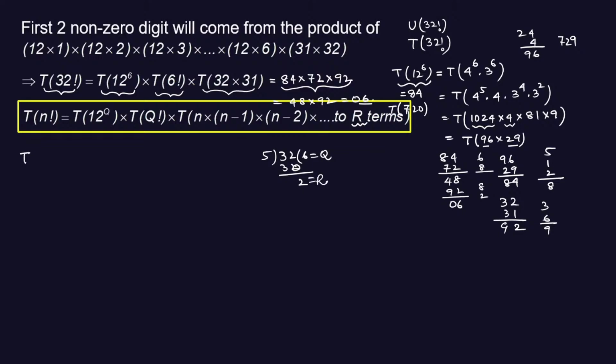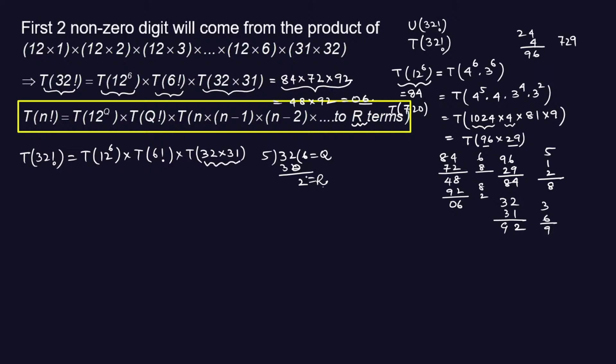So how will you write? I am writing it again. You will understand that. T of factorial 32 becomes T of 12 to the power 6, factorial 6, into T of the remainder 2 terms. Actually you have to find factorial 32, so you will write 32, and 32 minus 1 gives us 31, and I will only write these two terms.